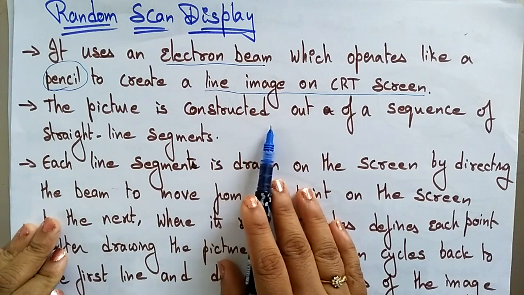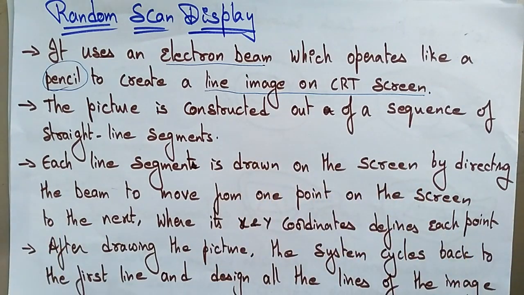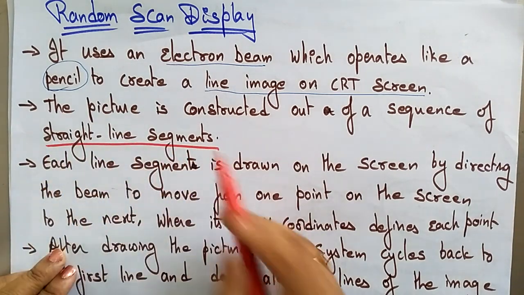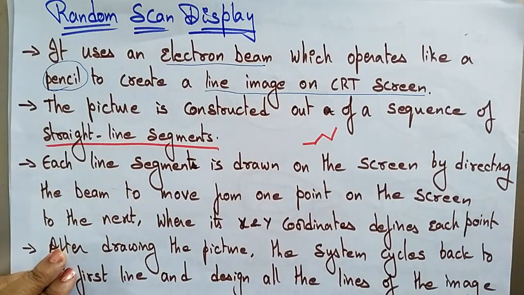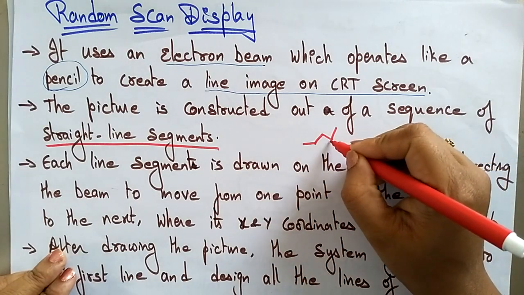The picture is constructed out of a sequence of straight line segments. Here in the random scan, the one thing you have to remember is that the picture is constructed out of a sequence of straight line segments. It's just a straight line, like this. This is one line segment, another line, another line.